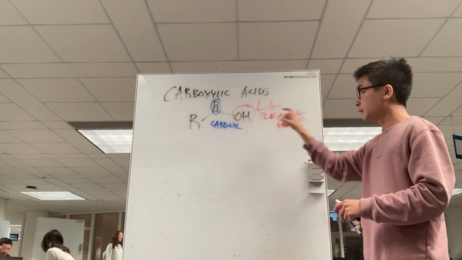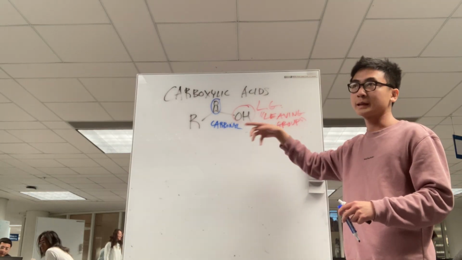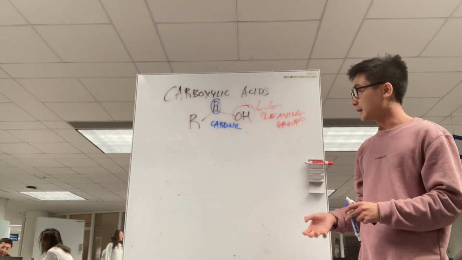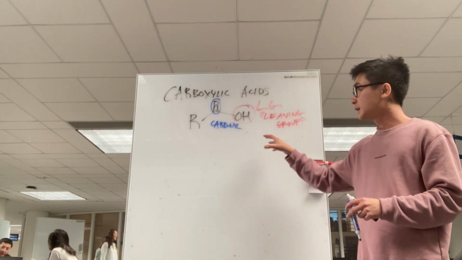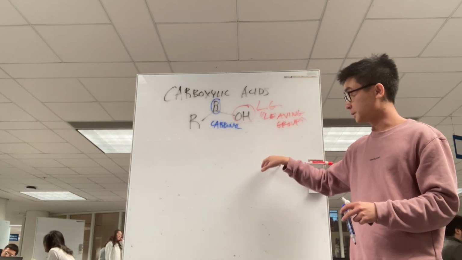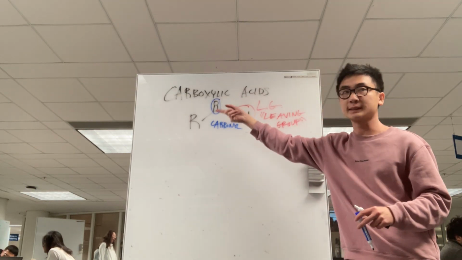Now, this leaving group here can be different things, and depending on what it is, it's going to give us a different functional group. But the carbonyl here will always be the same.